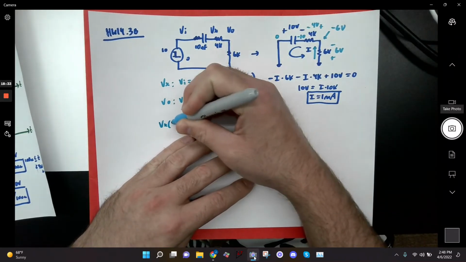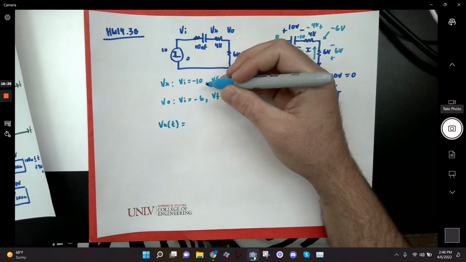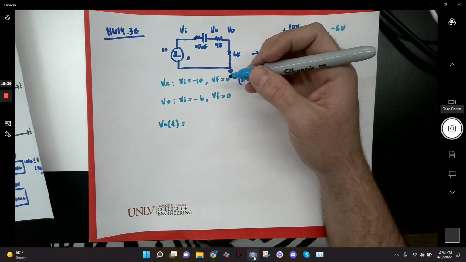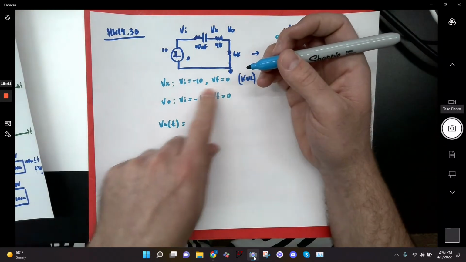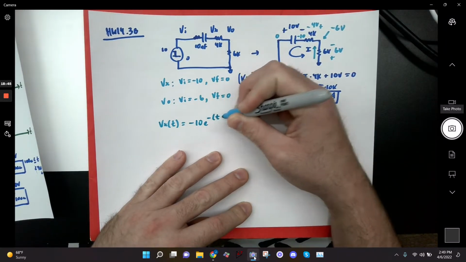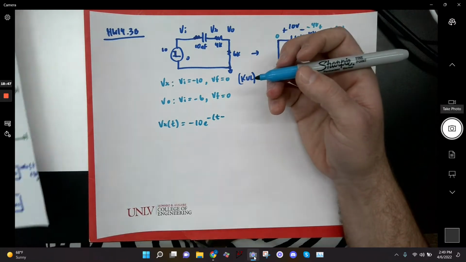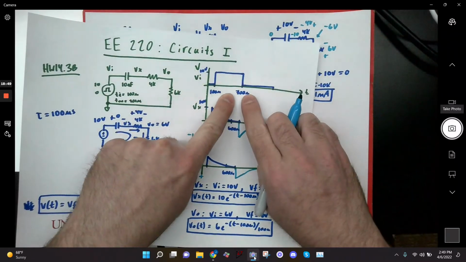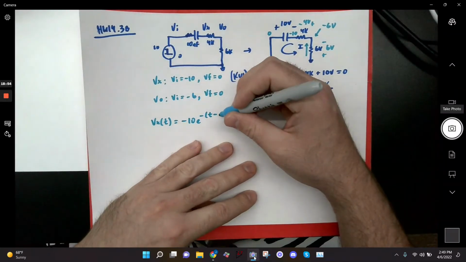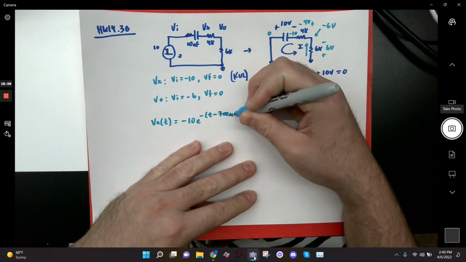So in this case, Vx of t is going to be, I'm using FIFE, so final plus initial minus final. My final is 0. My initial is negative 10, so I basically get negative 10 e to the minus t, and this time it's shifted by 700 microseconds. So I need to subtract out 700 microseconds to account for that shift.